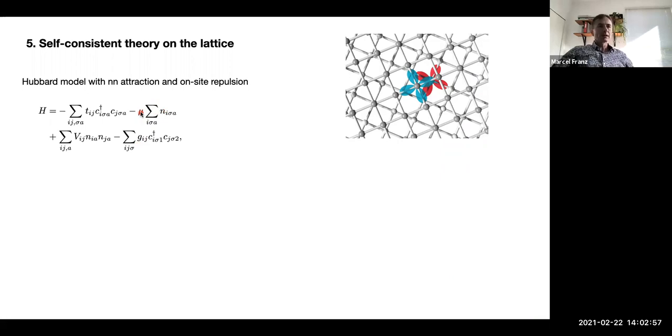So half filling means that you would have 1 electron per site. At half filling, these cuprates do not superconduct. They are rather antiferromagnetic insulators. So you have to remove some electrons, which is called hole doping. And then beyond some critical doping, they start to superconduct.